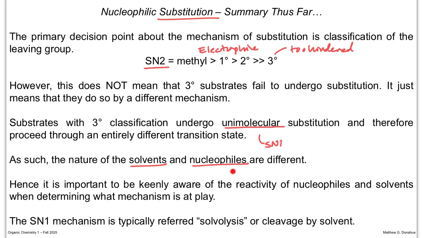You will not see a strong nucleophile present. So based on what these solvents are, another term for the mechanism is solvolysis. So we know what hydrolysis is, that's cleavage by water. Solvolysis is cleavage by solvent.